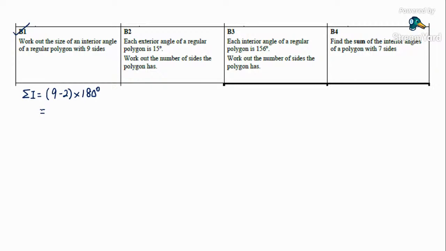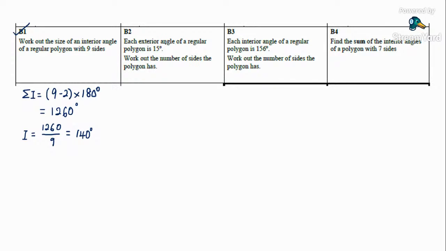That will be 1260. So 1260 degree is the sum. If I want to find one interior angle only, I will just take 1260 divided by 9. My answer is 140 degree.